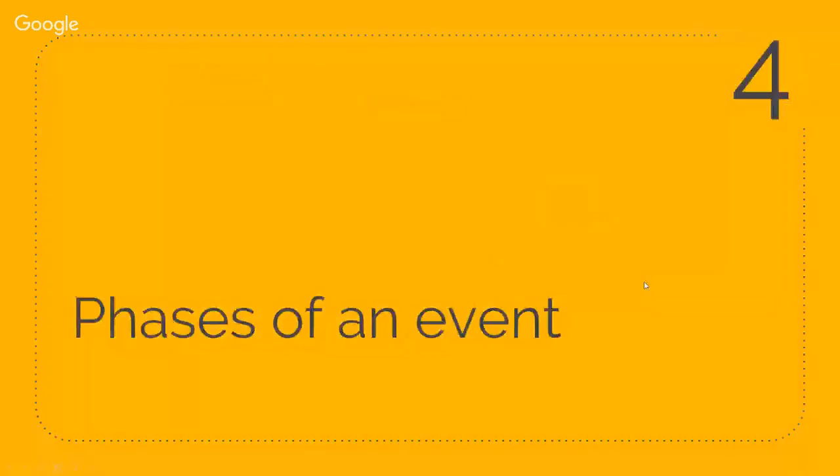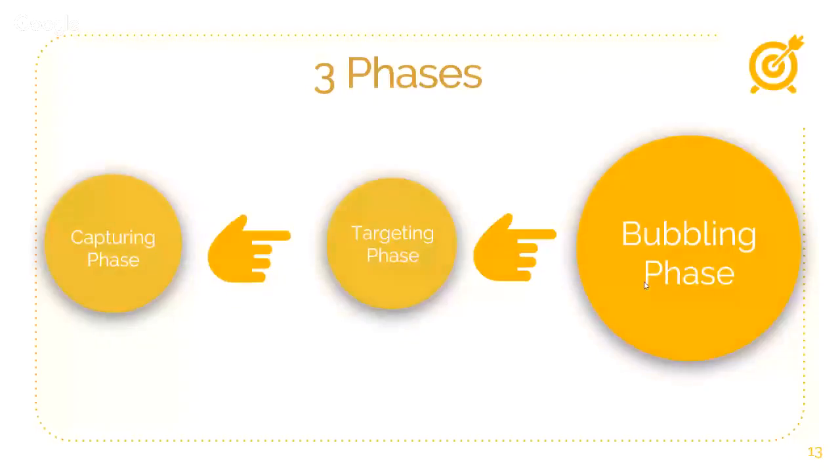Now, let's have a look at the different phases of the life cycle of an event. There are 3 phases: the capturing phase, the targeting phase, and the bubbling phase. The capturing phase comprises all the DOM elements on the trip, metaphorically, from the document to the parent of the target element on which an event was triggered.